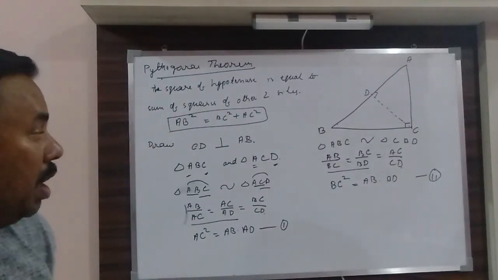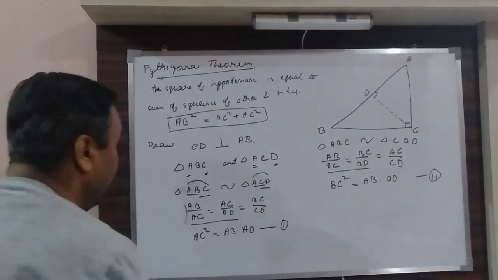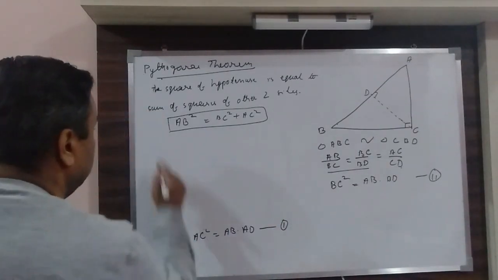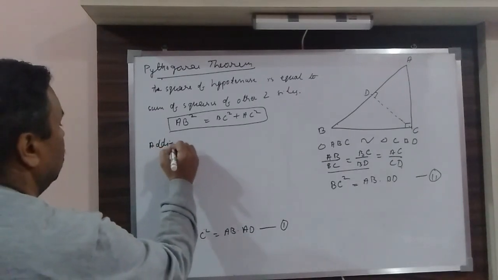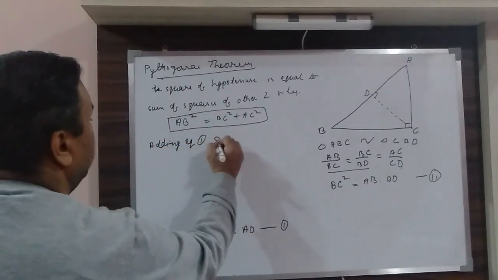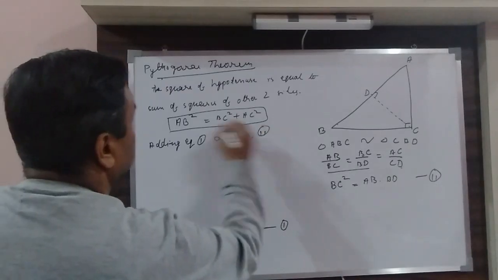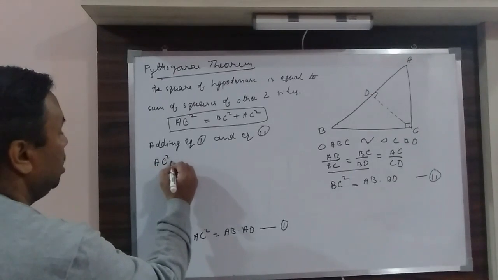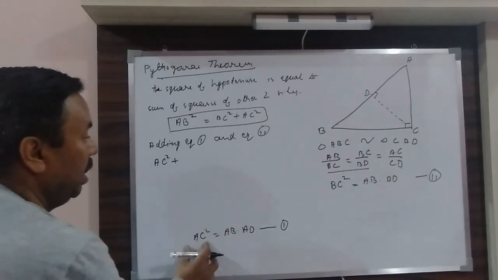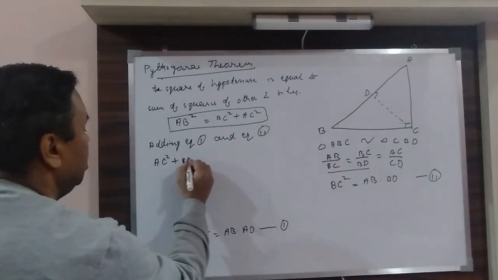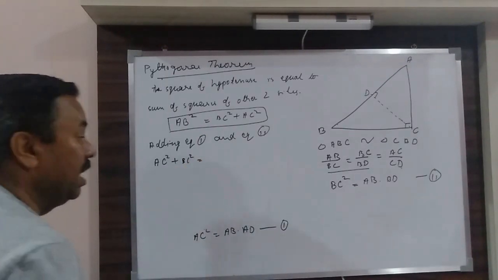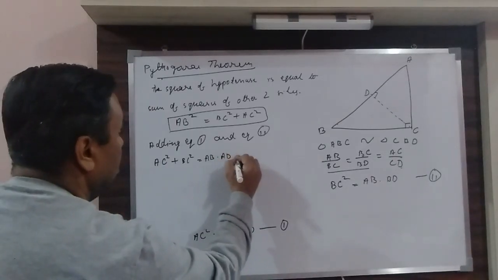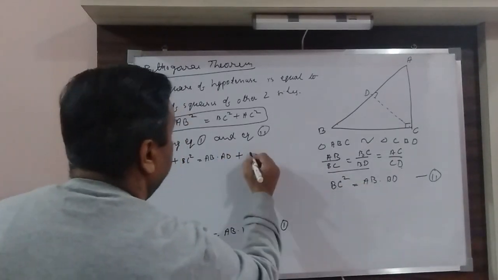Now add equation 1 and equation 2. What do you get? On the left hand side is AC square plus BC square. Right hand side is AB into AD plus AB into BD.